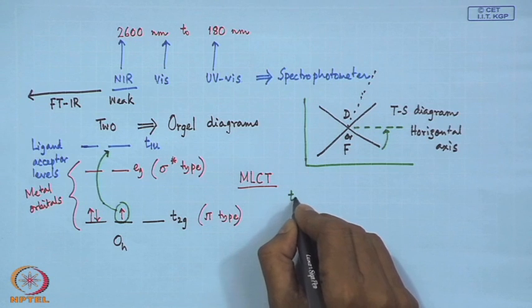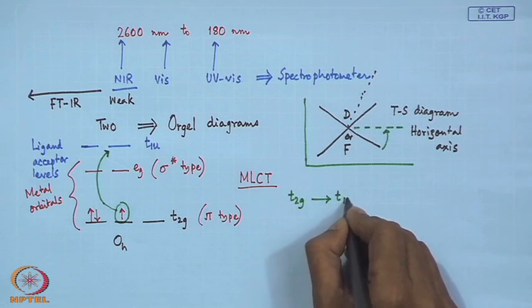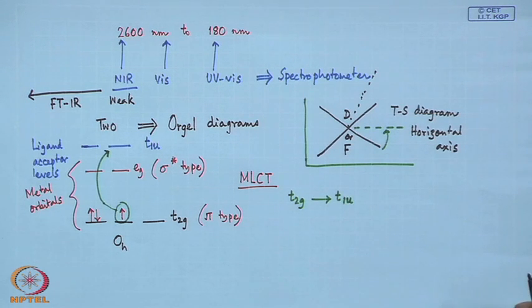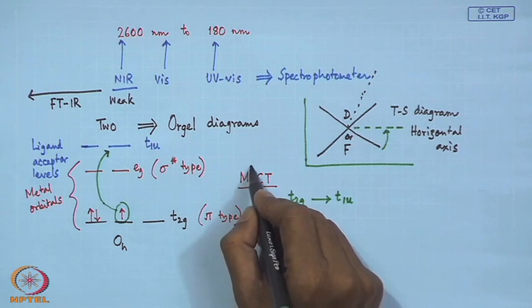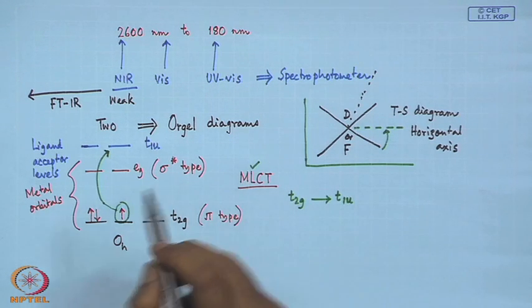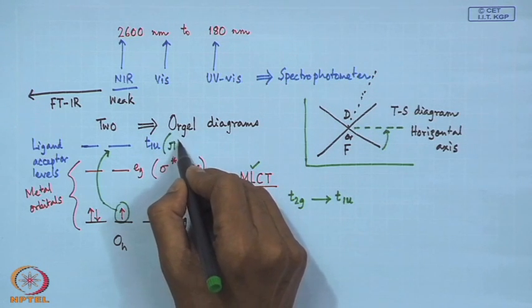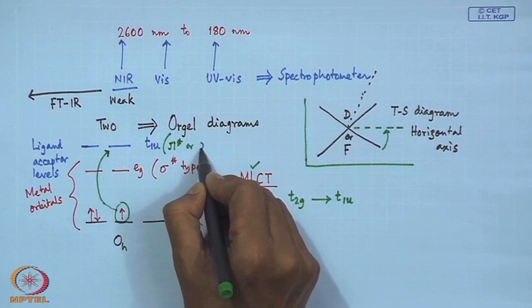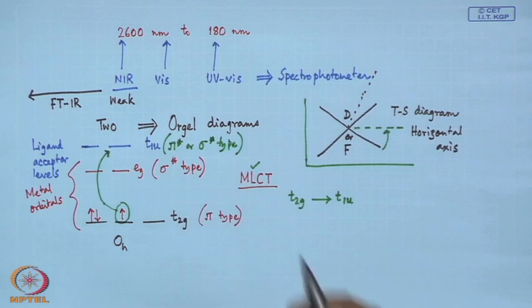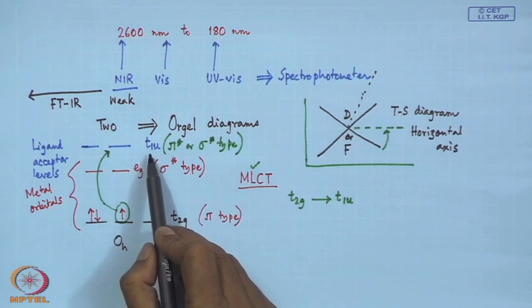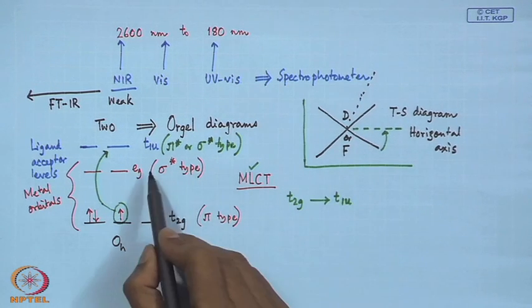Since the T1u level is of ligand type, it can be of pi star type or sigma star type, depending upon the orbitals.